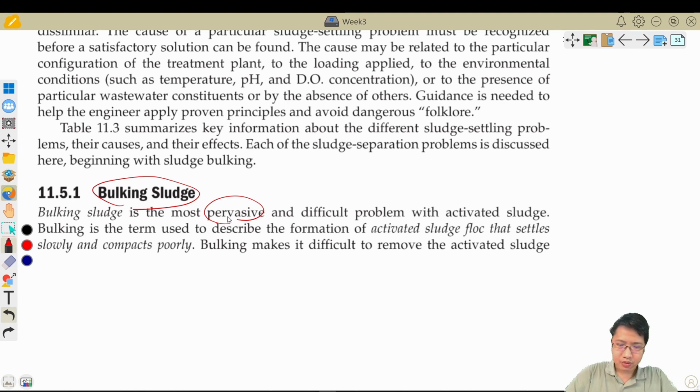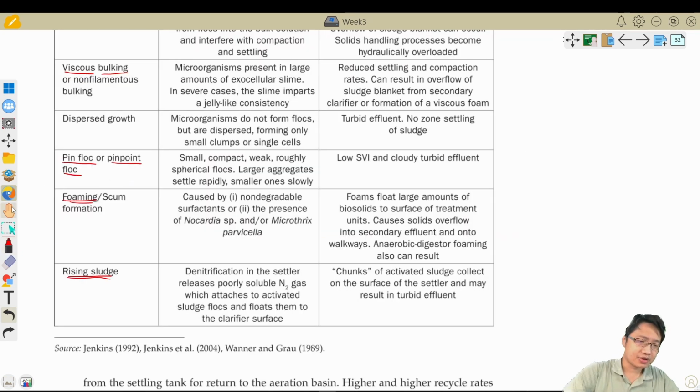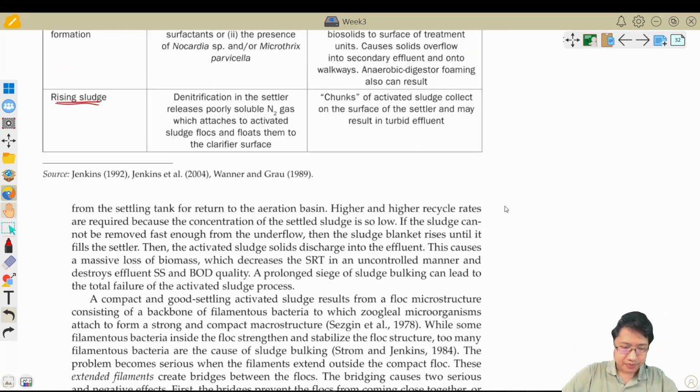It means the activated sludge flocs settle much slower, and sometimes their structures get less compact. They have a looser floc structure and aggregates, making them quite difficult to remove by the settling system.